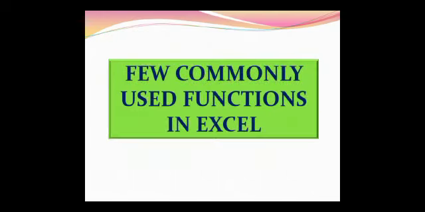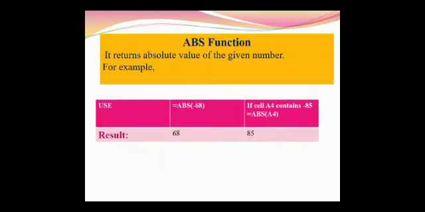Now we will discuss a few commonly used functions in Excel. Let us start with the ABS function. It returns the absolute value of the given number. For example, if you write =ABS(-68), the result will be 68. That means the ABS function returns the positive value of a negative number.